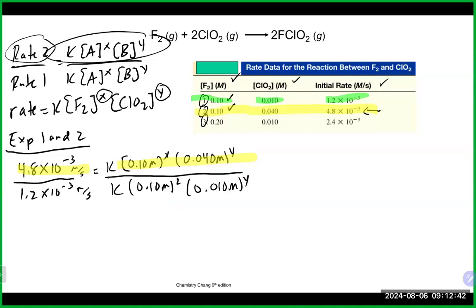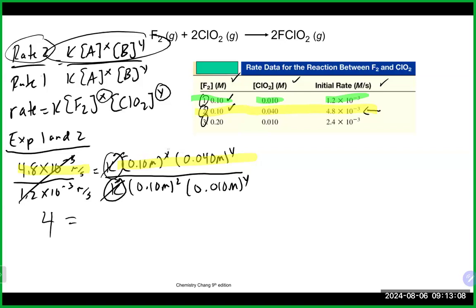And what we're going to do now is just some math. If I take 4.8 times 10 to the minus 3 and divide it by 1.2 times 10 to the minus 3, that gives me a 4. When I come to this side, that is the rate constant, and that is a rate constant. The name is rate constant, which means it's the same number. Although I don't know what it is at this point, it should cancel out because it's the same number.